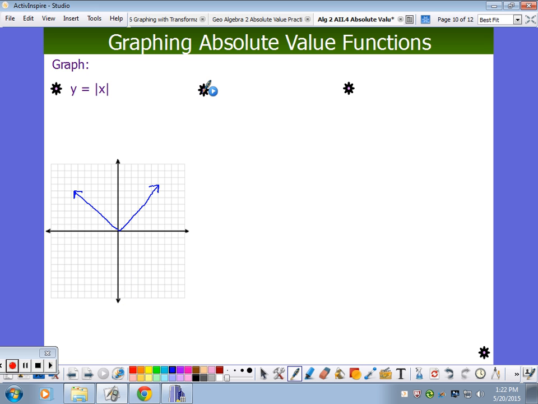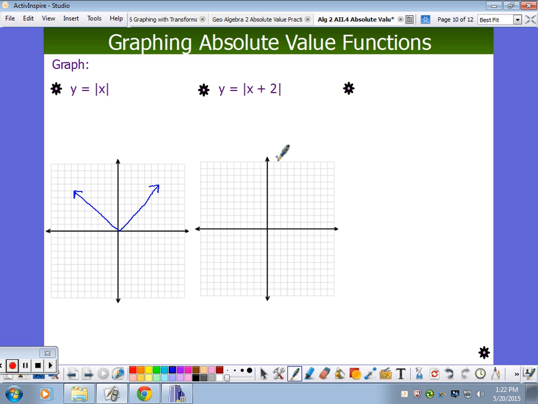And last class, we worked a little bit with the transformations. So this one in the middle, I'm near the bottom now of the page there, what transformation is going to take place here on this particular parent function? We did this last time. Thank you, yes?